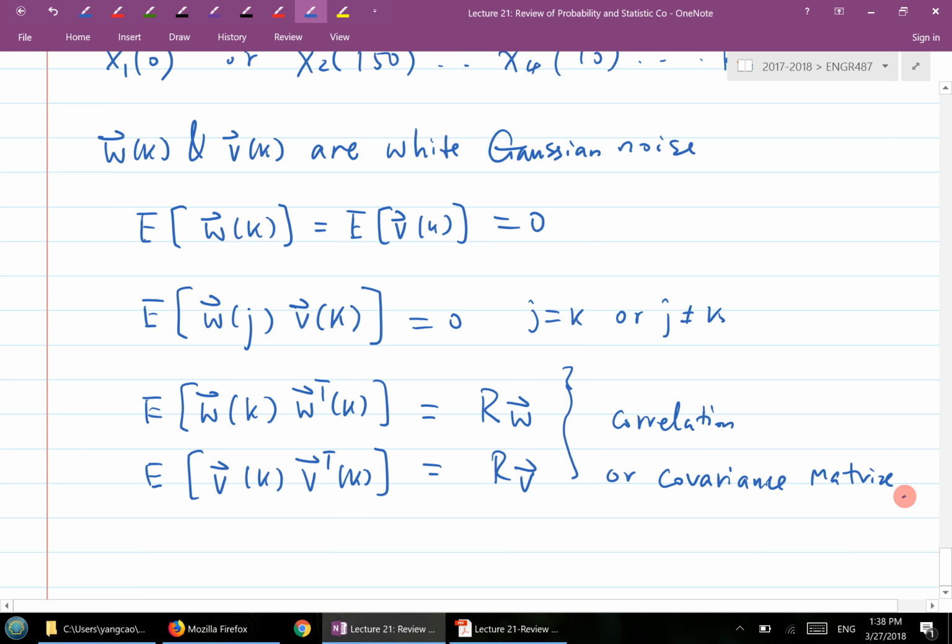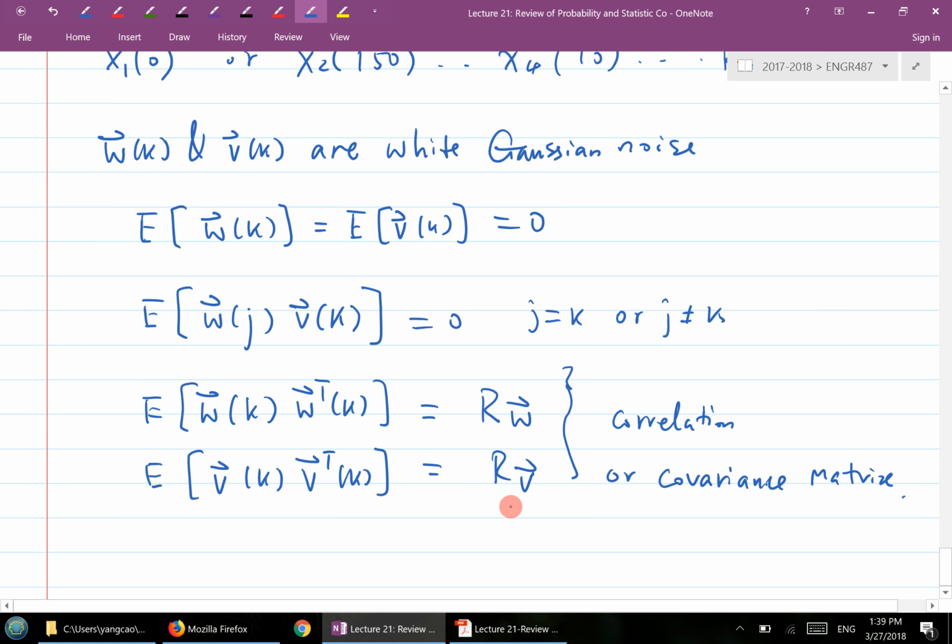Because for example, you go do the experiment and you assume there's noise in the system. So what type of noise? You assume it's zero mean white noise. Then you have to assume a certain covariance matrix here for the simulation or for the experiment, which I'll show you later.